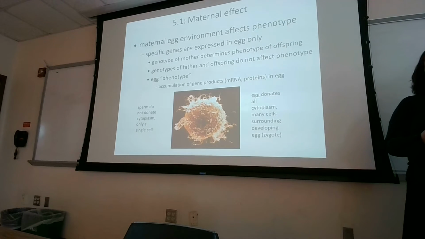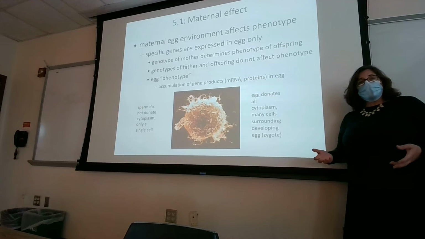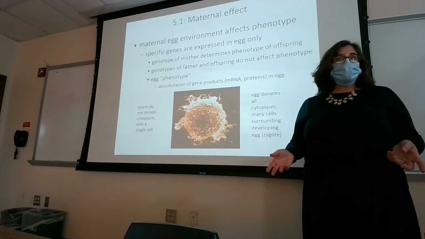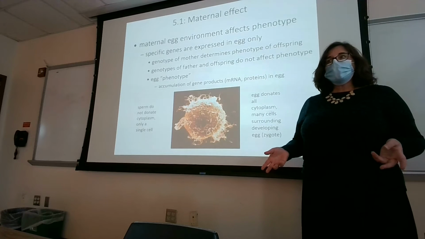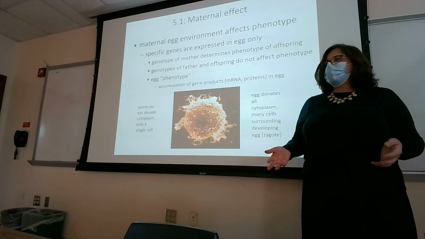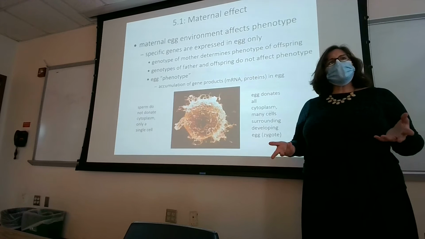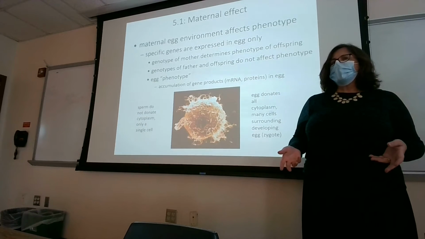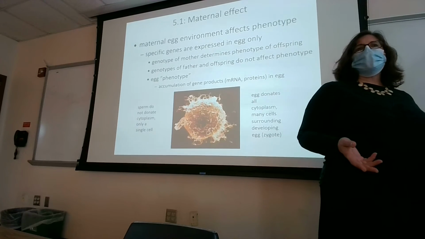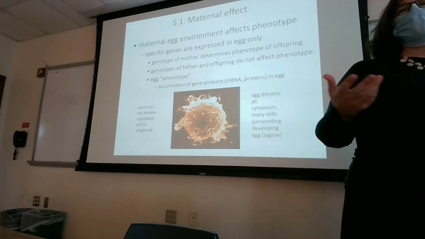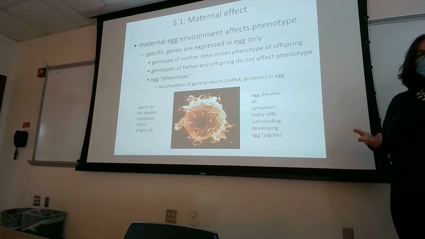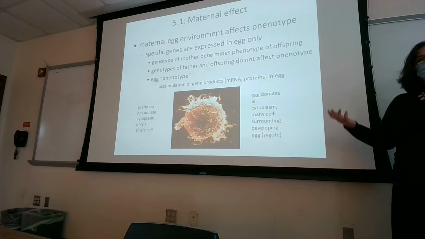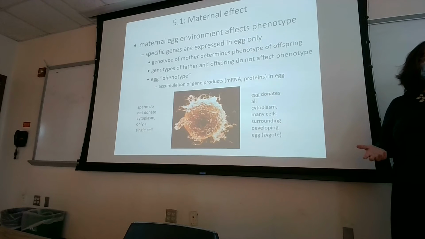And so mothers have a tremendous effect, an environmental effect, and a phenotypic effect on their offspring. Think about that. If you ever heard of maternal diabetes, right? That has a huge effect on the offspring. It can actually cause either low birth weight or high birth weight, depending on which way it happens. And it can cause problems in both the mother and in the fetus. Right?